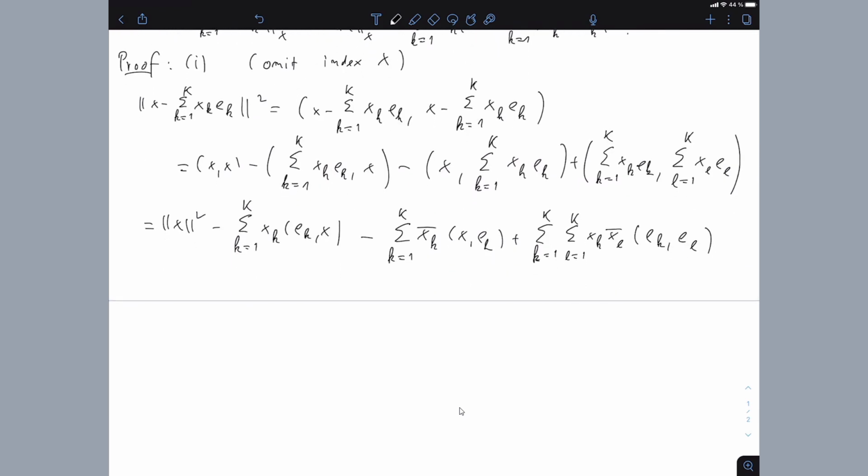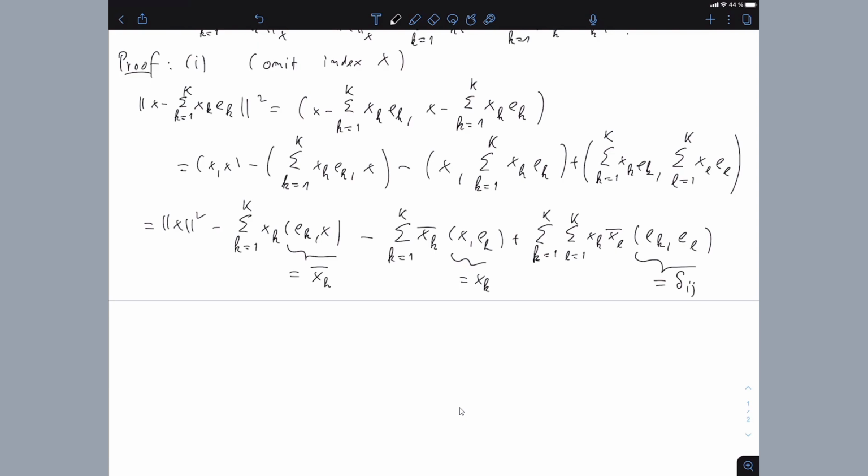So what is this? Yes, exactly. This is x_k conjugate, because x comma e_k is x_k, and if you flip the arguments, you have to conjugate. And similarly, this is x_k, and this is delta ij.